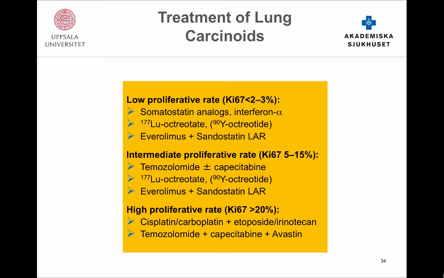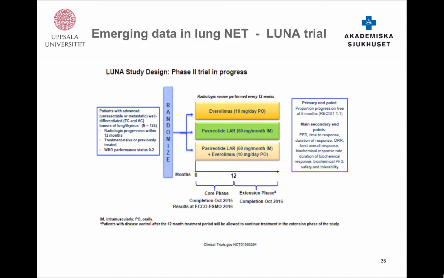But more and more, at least in Scandinavian countries, they started to use my triple combination, temozolomide plus capecitabine plus bevacizumab or Avastin, as I showed you in these patients from Hong Kong. And we have seen some very good results in other subtypes of tumor, not only in lung, but also in some pancreatic mets.